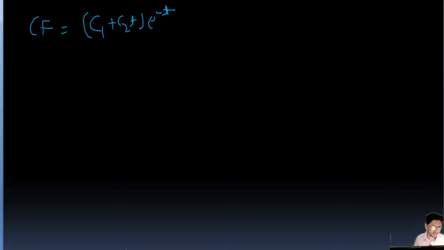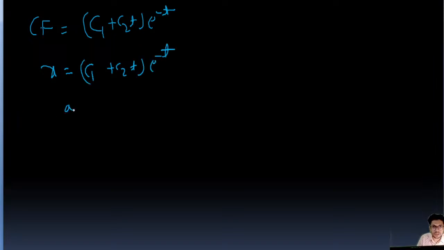Okay, this would be the solution. Now there are different conditions which are given. So now we have the function CF, that is x equal to c1 plus c2t e to the power minus t.